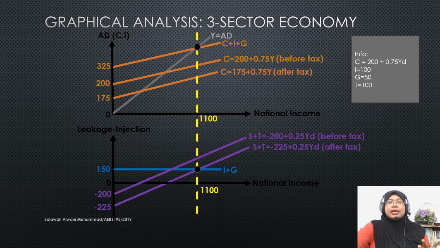That's why C goes from 200 to 175 after tax. By looking at this diagram, the three-sector economy equilibrium is Y equal to 1100.